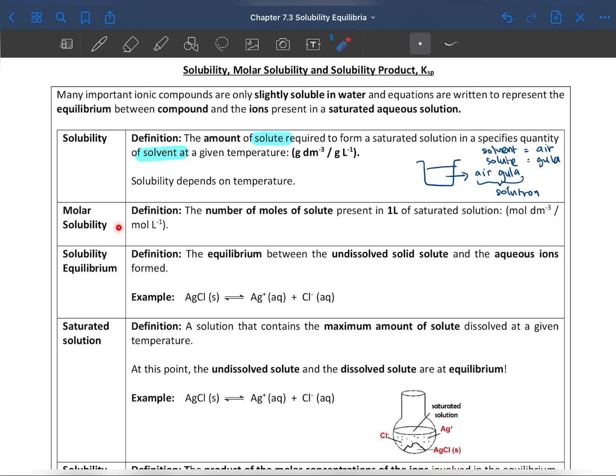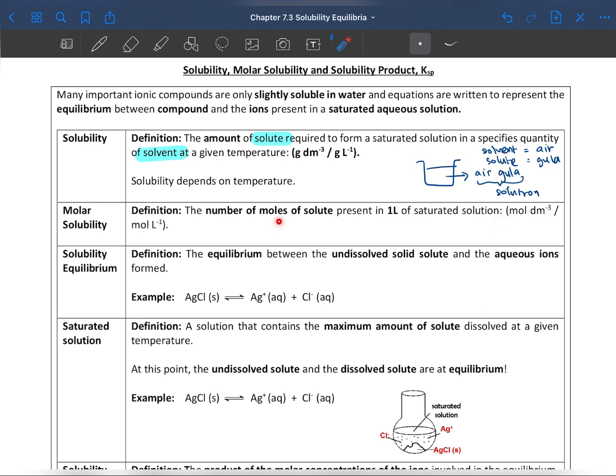Okay, next one is molar solubility. So for molar solubility actually lebih kurang dengan solubility, cuma unit dia lain, sebab dia ada perkataan molar depan ni. So, the number of mole of solute present in 1 liter of saturated solution. If you look carefully at this definition, actually this one macam pernah dengar. So, this is definition of molarity kan. So, lebih kurang memang macam molarity lah.